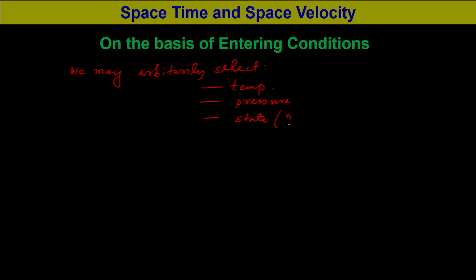So, for a particular feed we may arbitrarily select the temperature, the pressure and the state, say gas, liquid or solid.